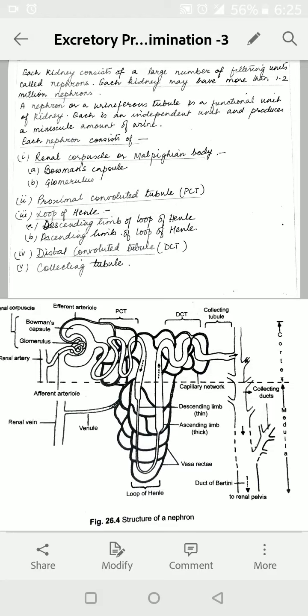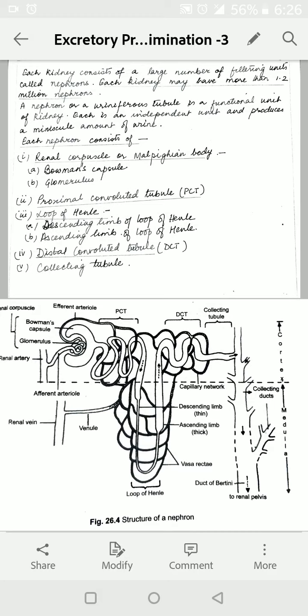The PCT region of the nephron leads into the loop of Henle. Loop of Henle consists of the descending limb and the ascending limb, which then opens into the distal convoluted tubule, abbreviated as DCT, and finally DCT opens into the collecting tubule.